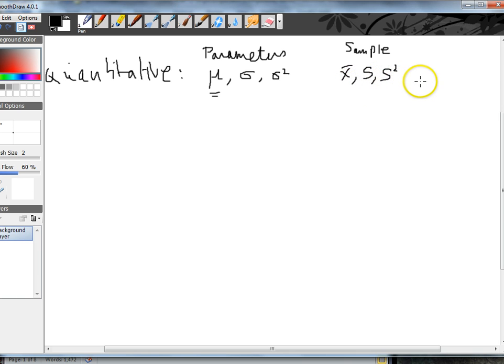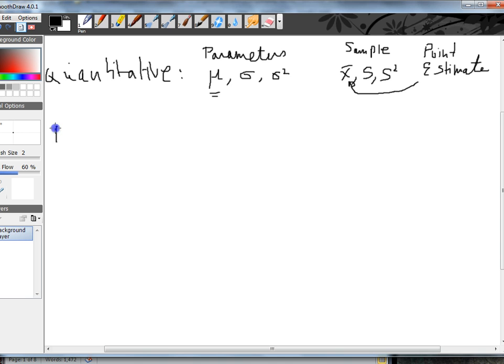Now in this chapter, we're going to call X bar the point estimate or estimator. So it's the one value that estimates the mean, the point estimate for the mean.